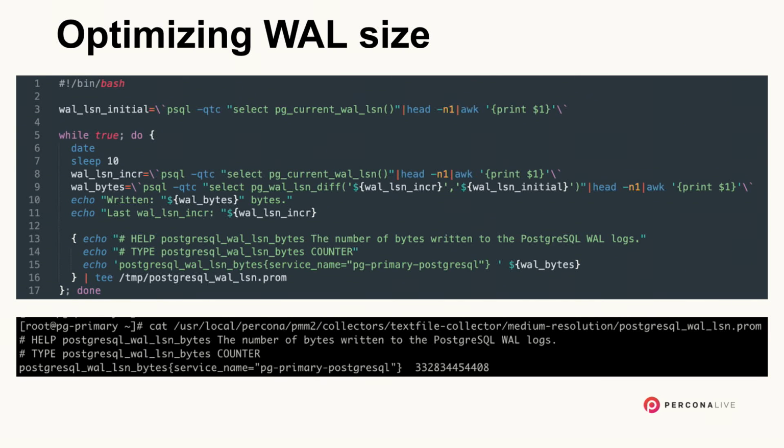So in this case, we need to explicit that the service name, so our Postgres instance, is for the primary, right? And then this is going to be translated into what we see below here, that is the PostgreSQL LSN bytes, the metric name, the label is going to be the primary, and this is the current value in bytes that we will have.